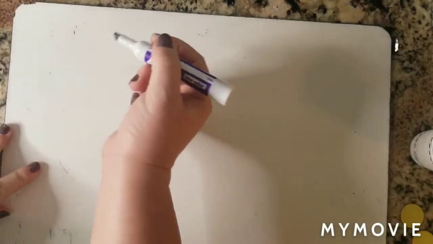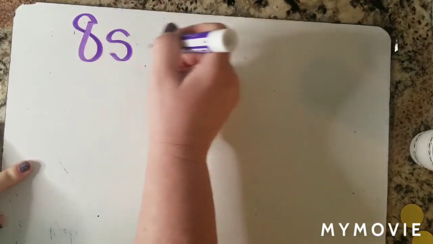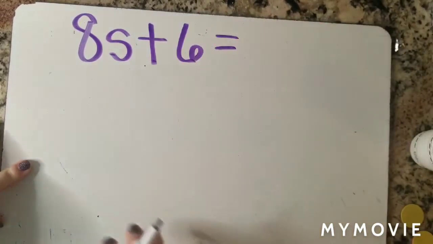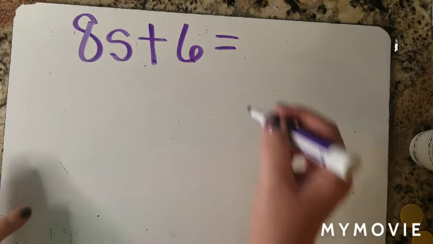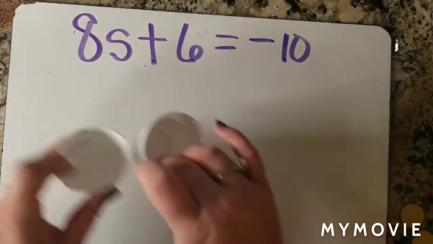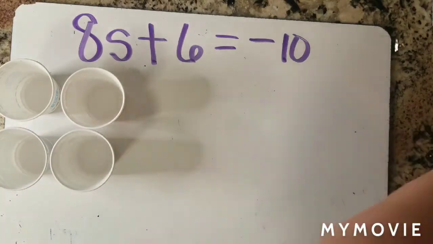Okay, this time let's try 8s plus 6 equals negative 10. So, pause it and see if you can model it. Okay, so we need to model 8s, which means we'll need 8 cups, or 8 squares if you're at home.